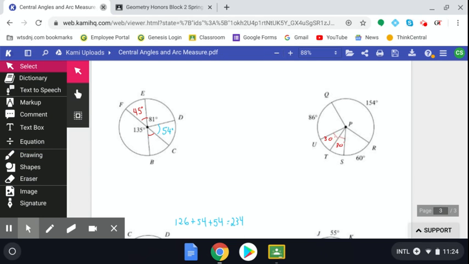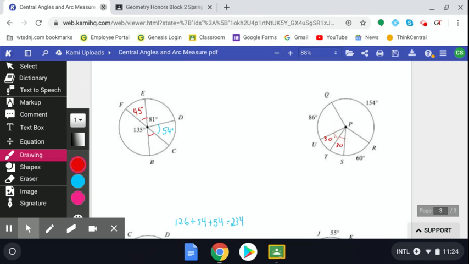Now I did some of this once already, but essentially, if you want to find the measure of the arcs, in this case, I am going to label the measure of all the arcs. You should know that all around the circle is 360.